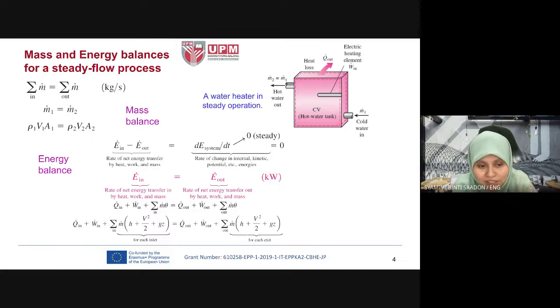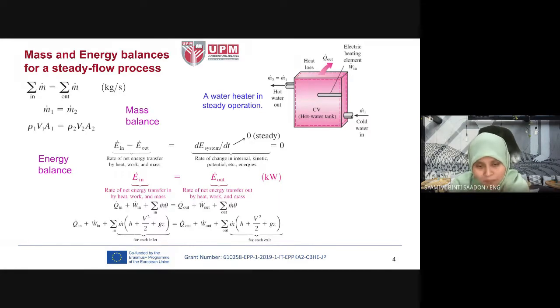The rate of net energy transfer at the inlet is equal to the rate of net energy transfer at the outlet. This energy balance can be in kilowatts, or it can also be in joules per kilogram if you don't have the rate of time.